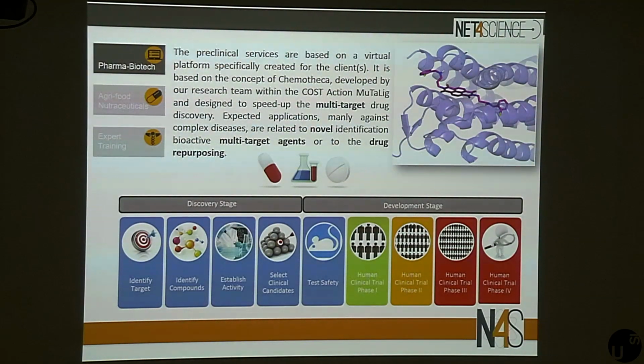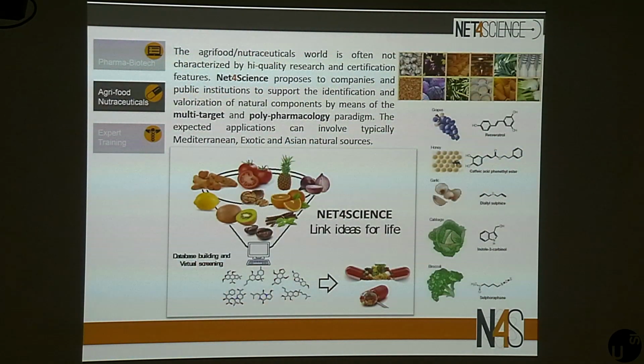So the first issue obviously is part of the drug discovery stage and process that we know very well, and can cover not only the preclinical, but in some cases also the ADME prediction part that is usually in the second part of the development, as well as the applications with natural compounds.